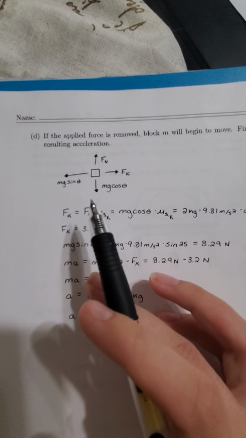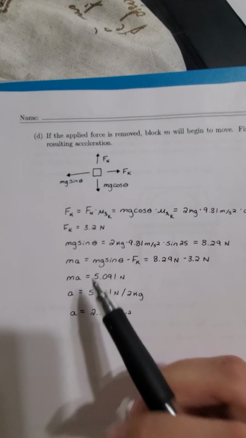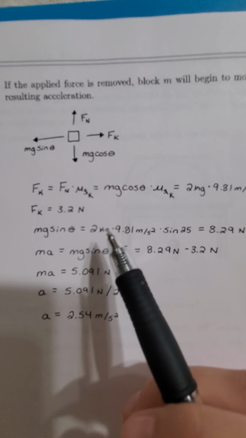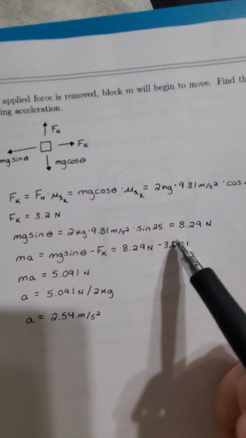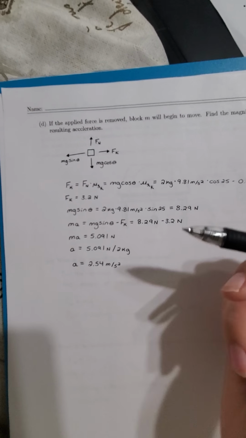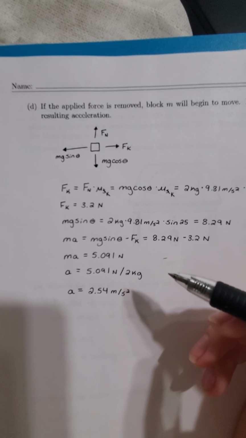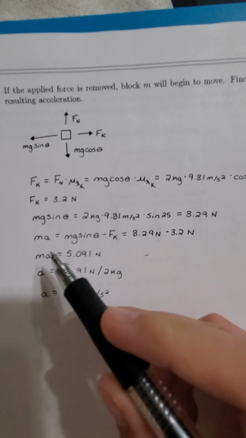Oh, and then we need to figure out how much gravity affects the force going this way. So we have the mass times gravity times the sine of the angle. So you have 2 kilograms times 9.81 meters per second squared times the sine of 25. That's 8.29 newtons going this way, while you have that 3.2 newtons still going that way. So you would just subtract the two, and I wrote that out right here.